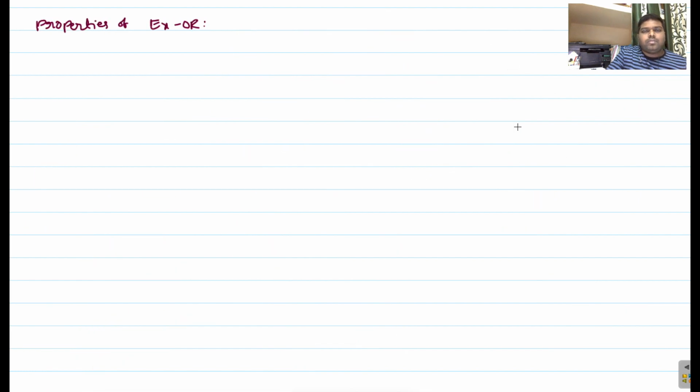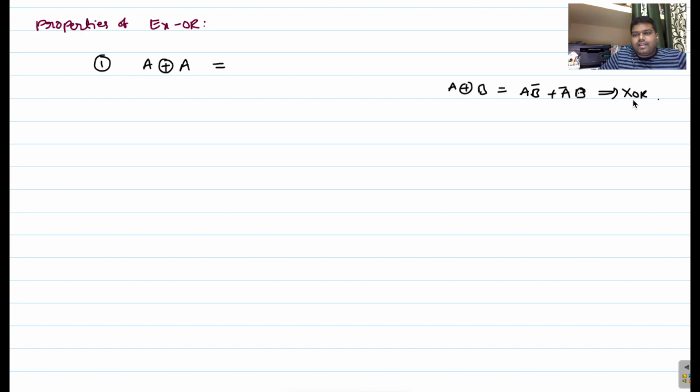And next, properties of XOR gate. The first property here is A XOR A. What is the outcome? Already we know A XOR B is nothing but A B bar plus A bar B. This is the logic expression for XOR, so this will indicate the XOR logic operation. Now you can substitute.